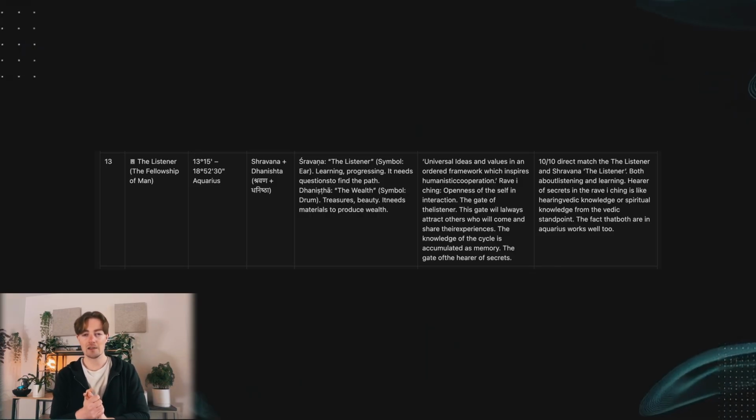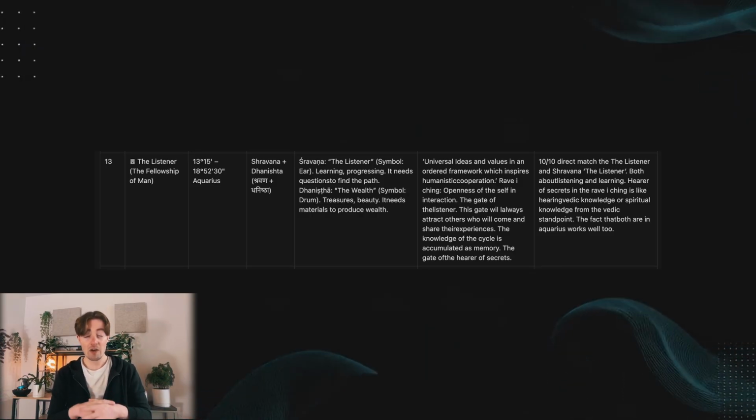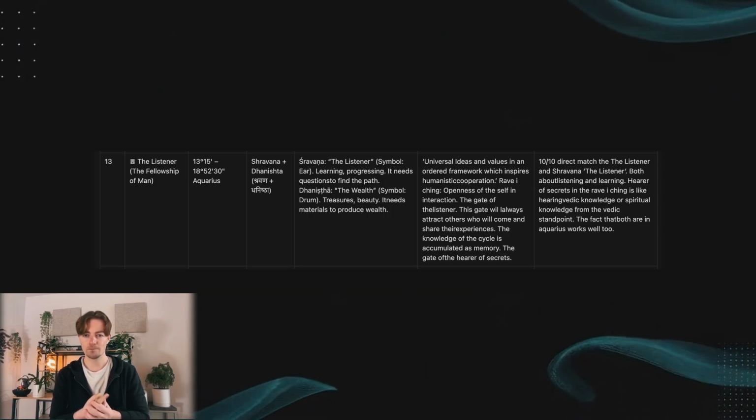So this is a very strong link for me, and kind of crazy that this gate links up so well.